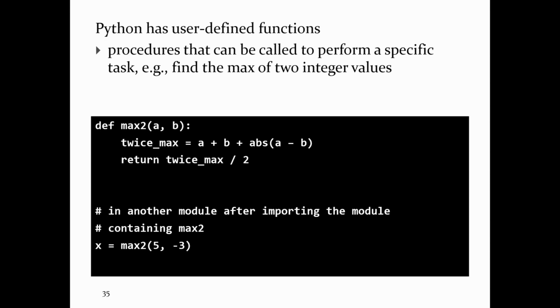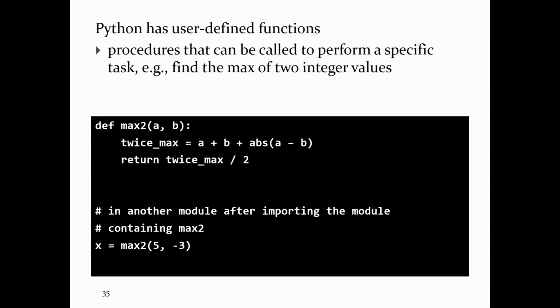All right. So what about subroutines or procedures or what Python calls functions? You all know you can write a Python function. Here's a function called max2. It computes the maximum value of A and B. It does so in a very strange way, and I'll explain why we're doing it this way shortly.